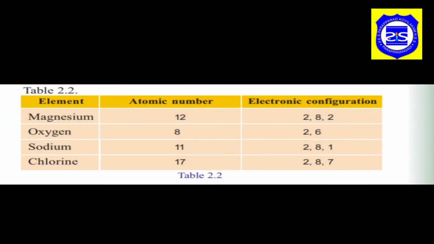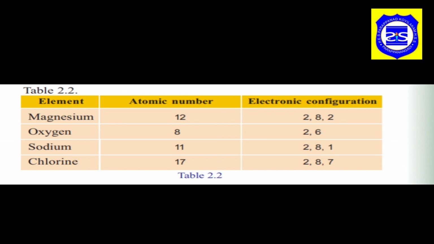You are familiar with the compounds formed by the elements given in the table, so write the names of a few compounds. Here, the elements are magnesium, oxygen, sodium, chlorine. Chlorine combines with hydrogen to form HCl, magnesium combines with chlorine to form magnesium chloride, sodium combines with chlorine to form sodium chloride, and oxygen combines with sodium to form sodium oxide.